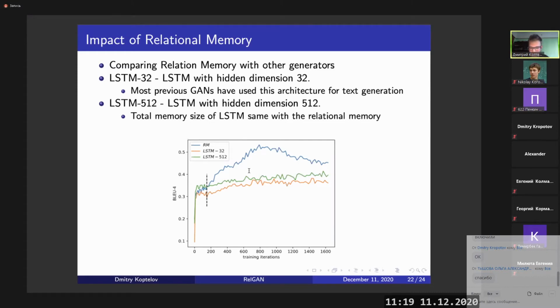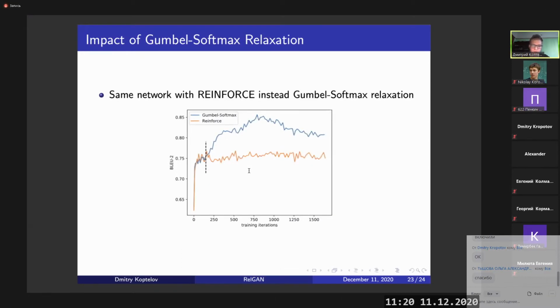The 32 hidden dimension is usually used in previous GANs, and with 512 it has the same number of parameters as relational memory. And relational memory outperforms both these generators on BLEU score. Also, they compare the reinforce approach with the Gumbel-Softmax approach and also show the outperformance.